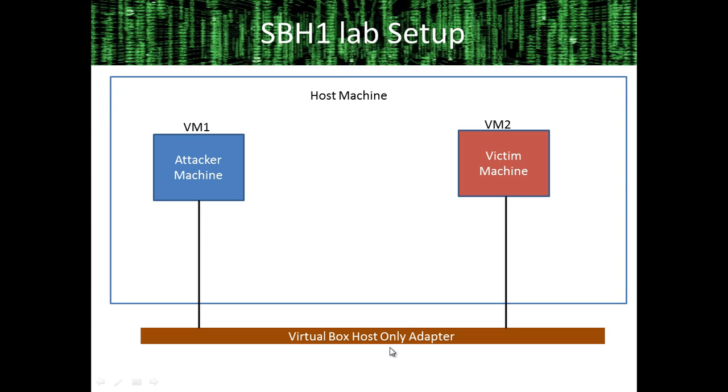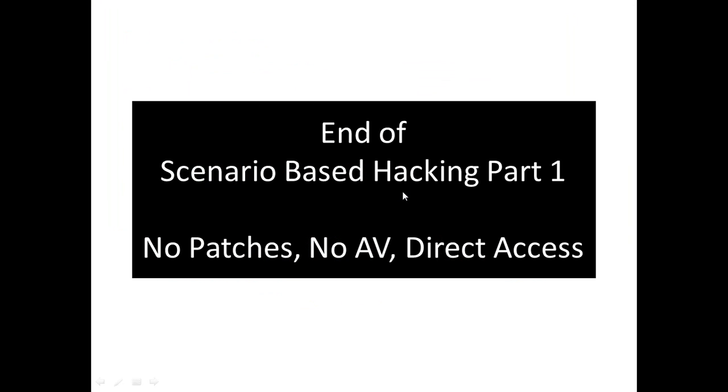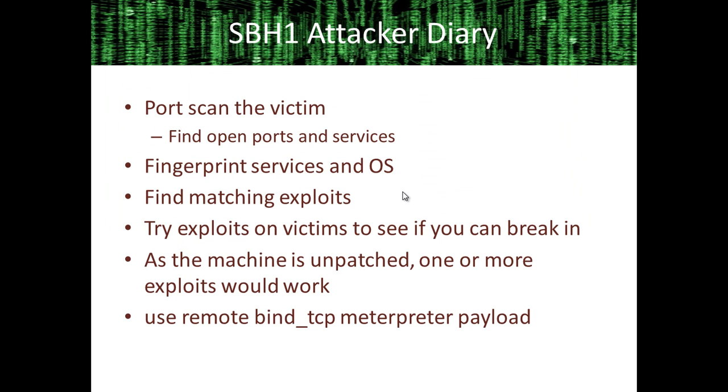So what do we do? Well, typically as the attacker has IP layer access to the victim, first he would run a port scan and find all the open ports and services. This is the attacker diary. Well, this is what the attacker is going to do. First he would port scan the victim, find open ports and services.